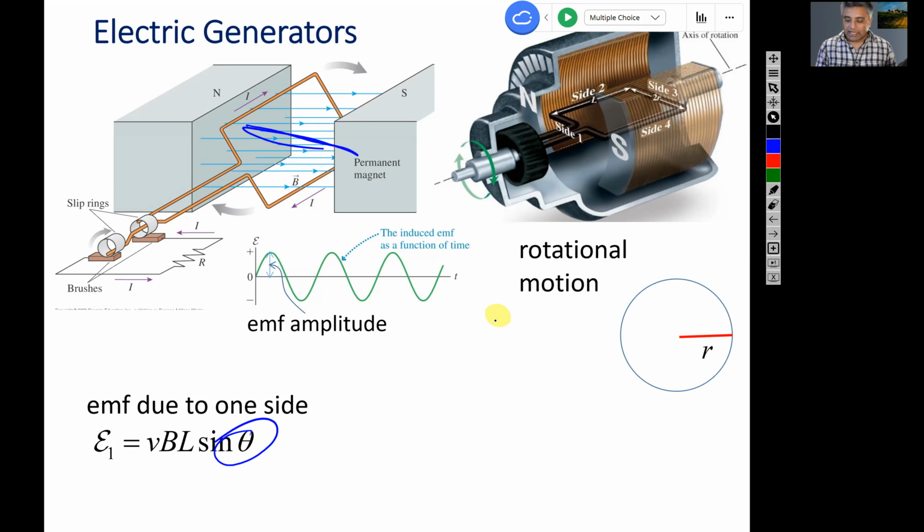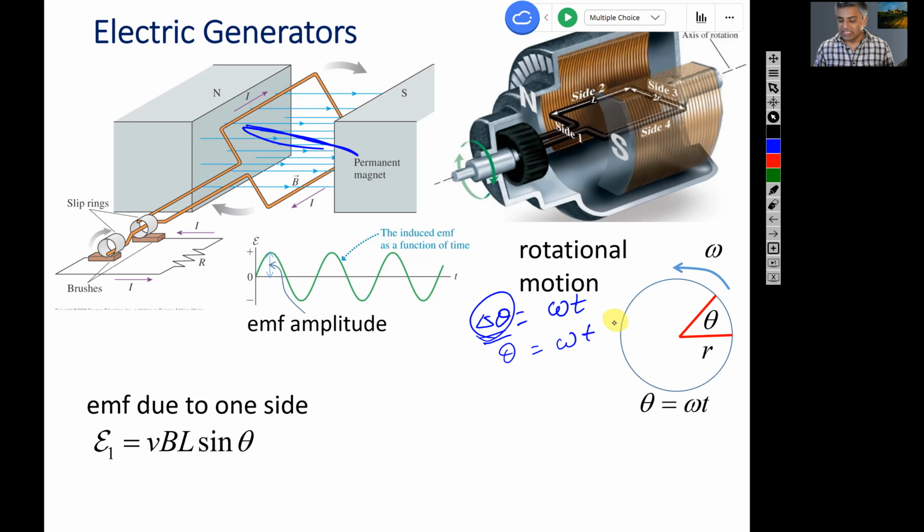So that's why we have to have that angle, okay? An angle can also be written in terms of rotational rate, right? For example, the angular displacement is omega times t. If we write delta theta as just theta, we can write that as omega times t, okay? So we can replace that in terms of time and angle.